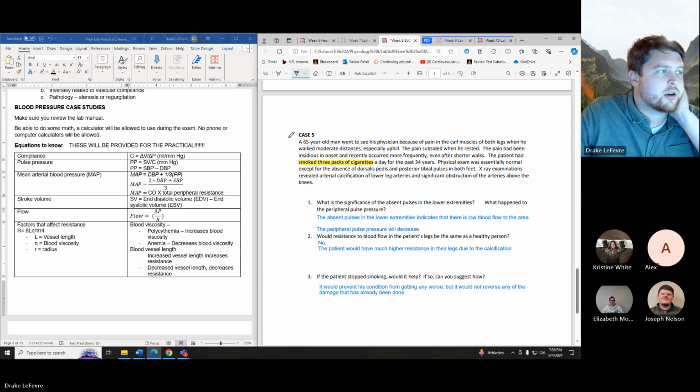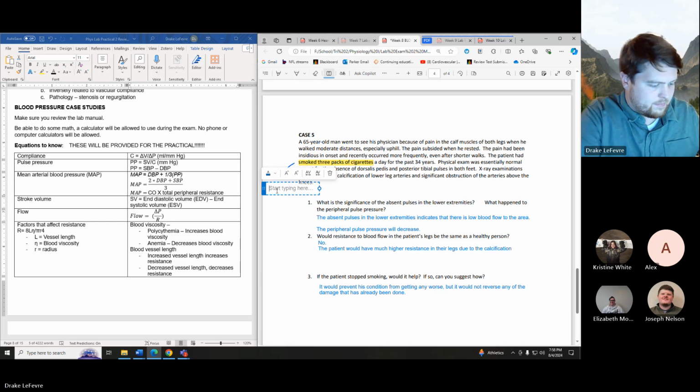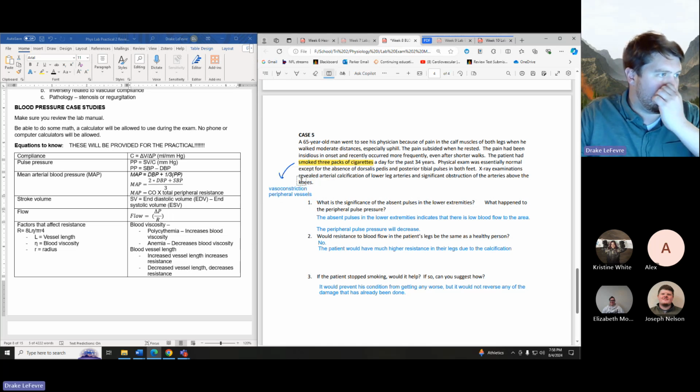Smoking causes vasoconstriction, especially in the peripheral vessels. X-ray exams revealed arterial calcification of lower leg arteries and significant obstruction of the arteries above the knees.